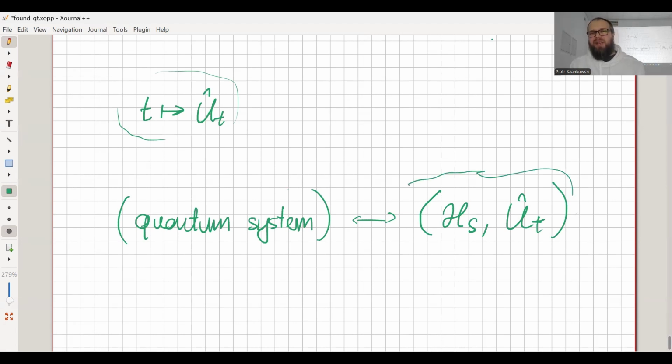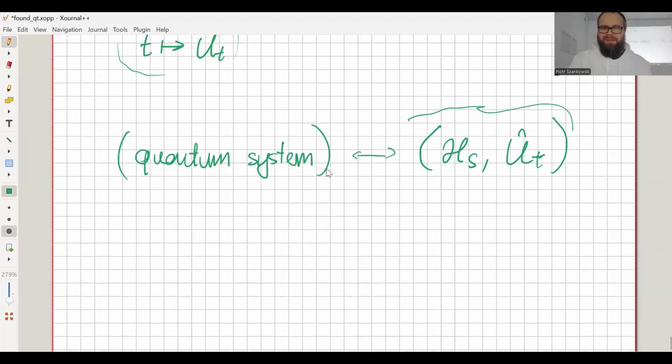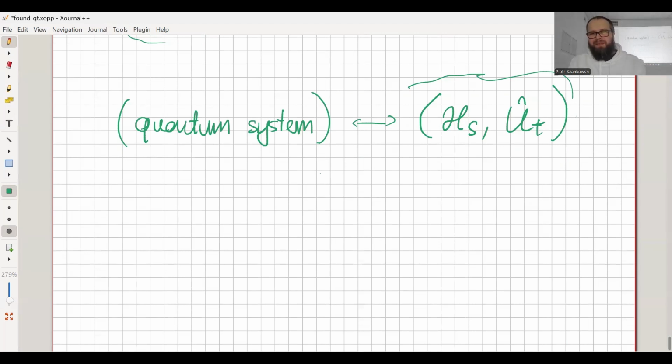If you have those, you can construct all the probabilities, which then give you everything; you can answer every question you can ask. So that would be that. This is an important step, right?